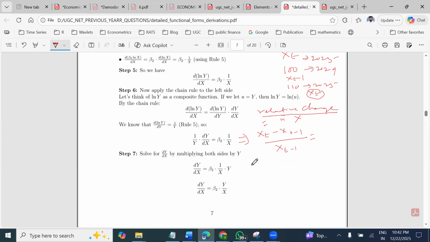So directly, if you transform your variable into ln y and ln x, you will get actually relative change. This is equal to ln xt minus ln xt minus 1.